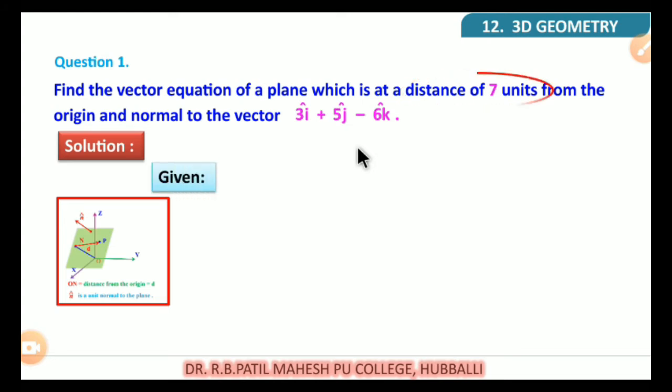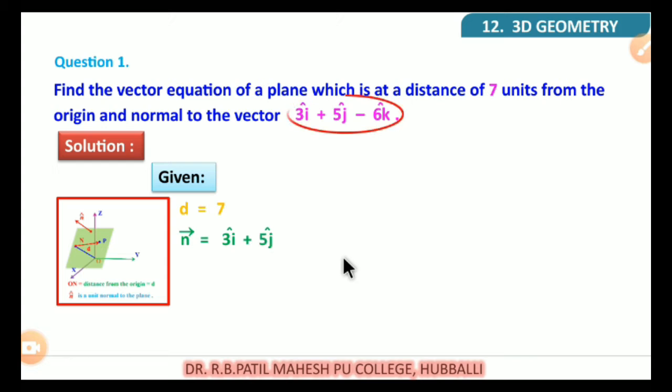Given the distance of the plane is 7 units, so D is equal to 7. The given normal vector n vector is equal to 3i plus 5j minus 6k.